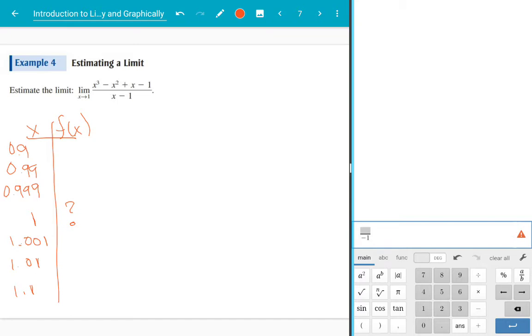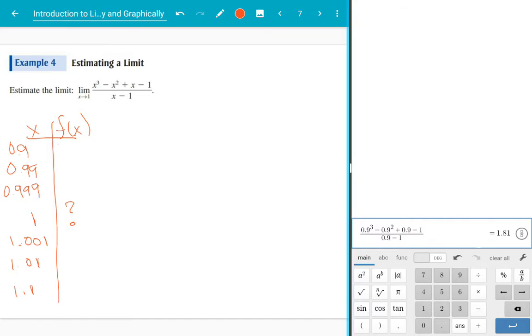Okay, so in the numerator, I'm going to have 0.9 to the third power, minus 0.9 squared, plus 0.9, minus 1. Again, I know this is a very tedious aspect of identifying limits, but this is the most basic approach to a limit that we can possibly have. All right, so you're going to plug in the 0.9.